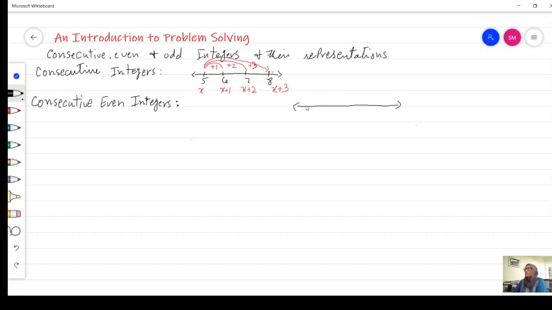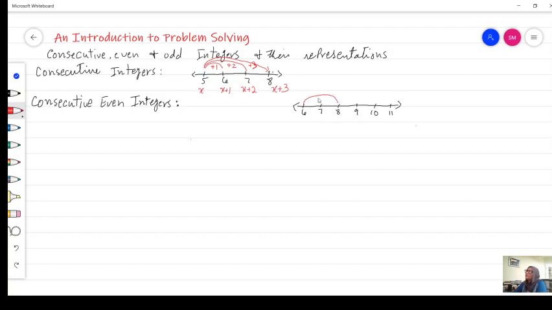And I am starting with 6 because they said even integers. So 6, 7, 8, 9, and I have 10, probably 11. Now since I'm talking about even integers, I'm going to go from even. 6 is even, so I'm going to go to another even, which is 8.